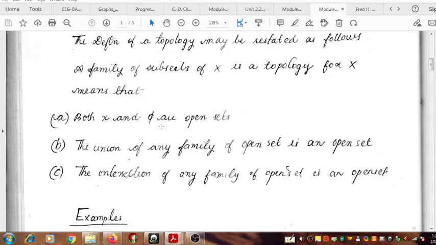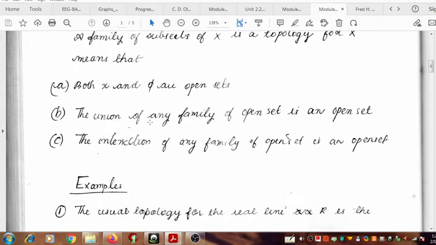So both X and phi are open sets, and union of any family of open sets is an open set, and intersection of any finite family of open sets is an open set.